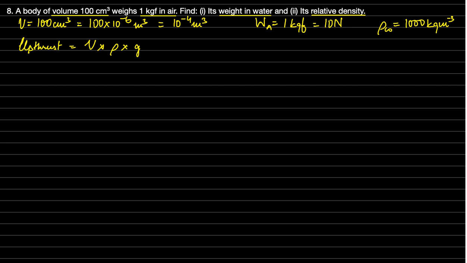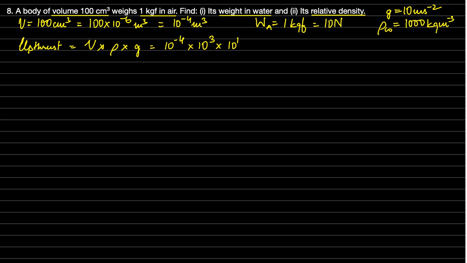Now that we have this, we will be substituting the values. V is 10 to the power of minus 4 into rho of water can be written as 10 to the power of 3 because 1000 is nothing but 10 to the power of 3, into acceleration due to gravity is taken as 10 meter per second square. G is equal to 10 m s minus 2. So 10 can be written as 10 to the power of 1.